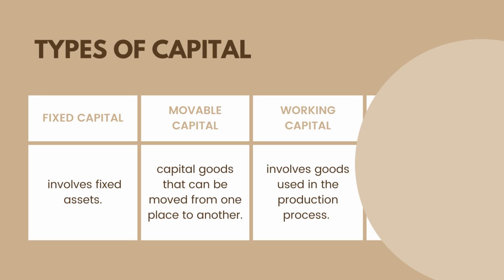But before we do that, I want us to look at the important concepts or terms that we need to know by heart so that we can understand. Firstly, what is capital? When we are talking about capital, we're talking about finances or money that is needed to operate a farm business.